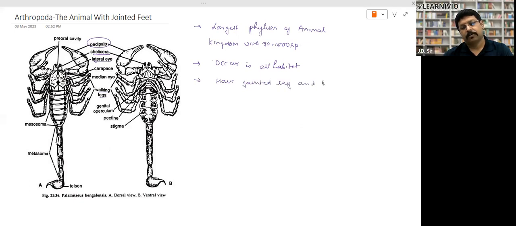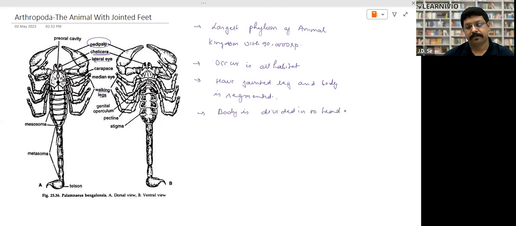Body is divided into head, thorax and abdomen.